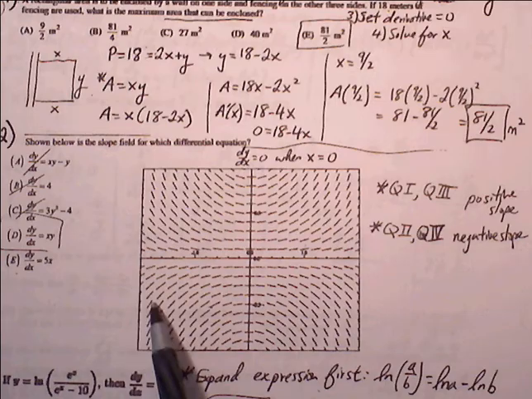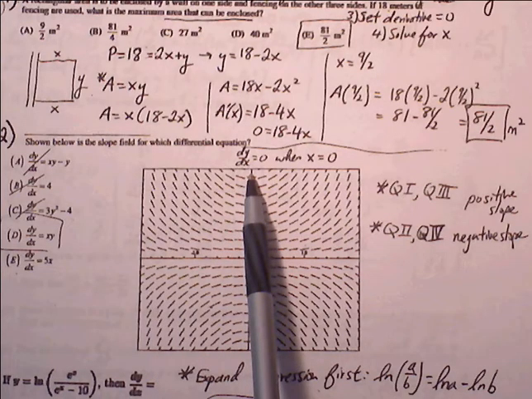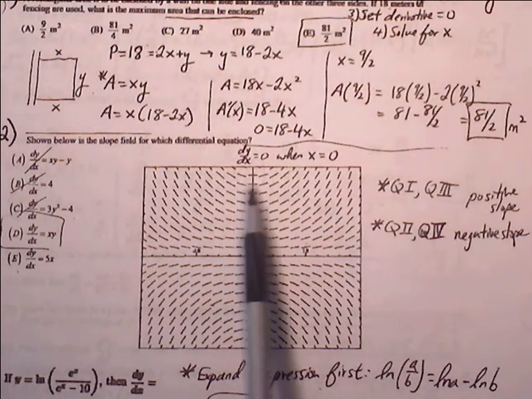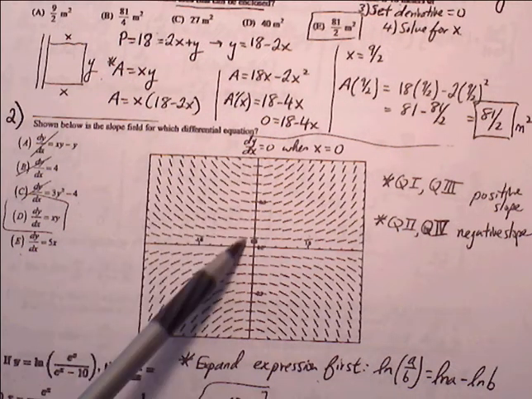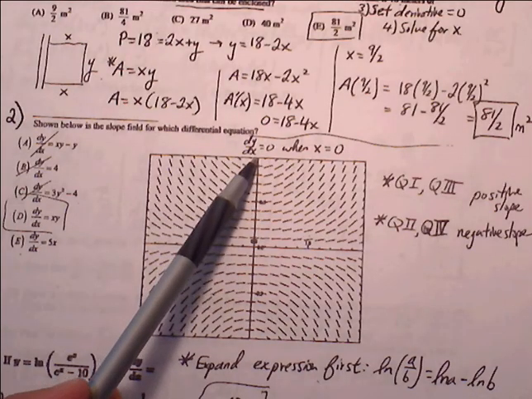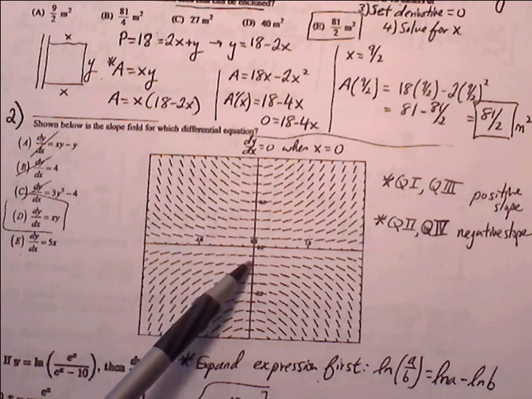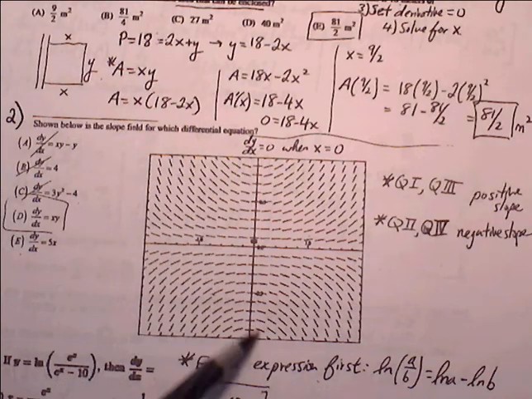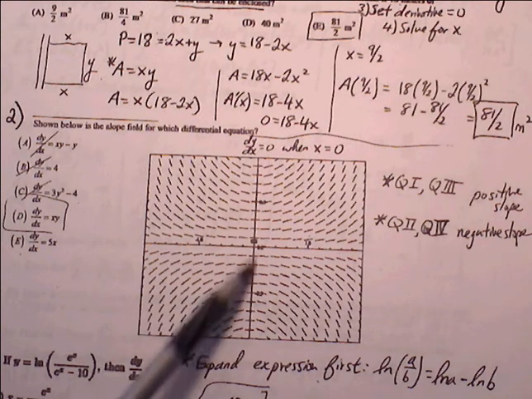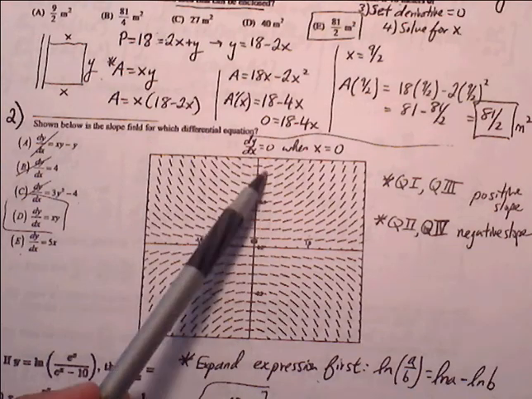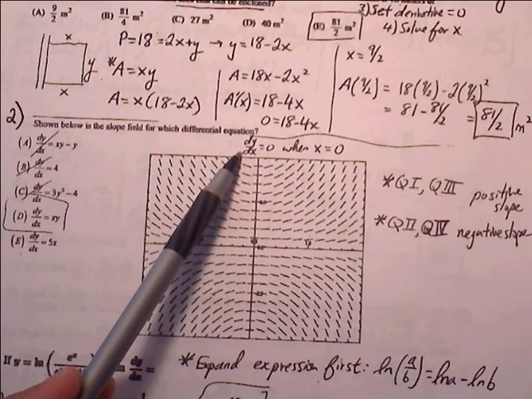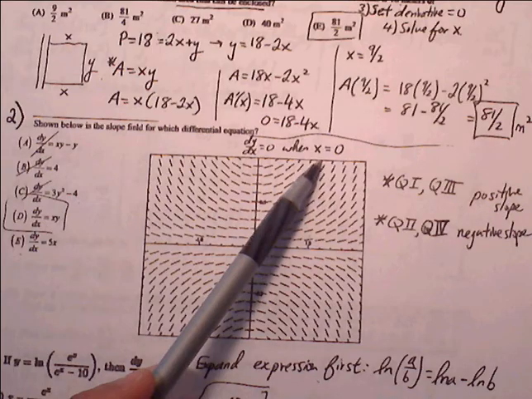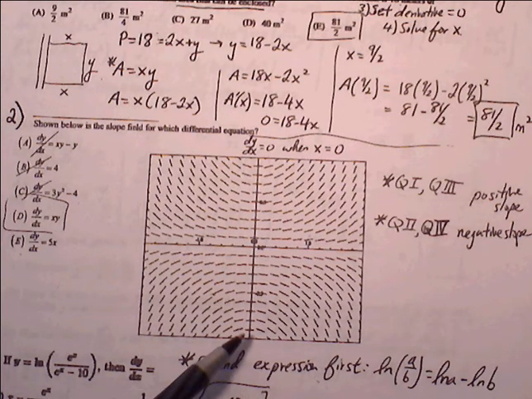If we look at the slope field here, we can see the horizontal line segments right along the y-axis. Whenever something is on the y-axis, x is 0. So whenever x is 0, we know that the slope must be equal to 0. The differential equation's value will give us 0 when x is 0, because we see that on the slope field.